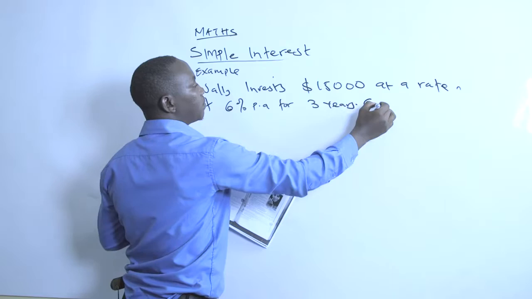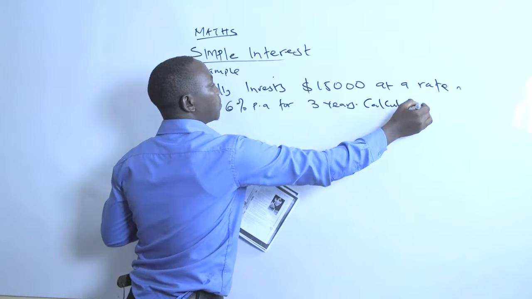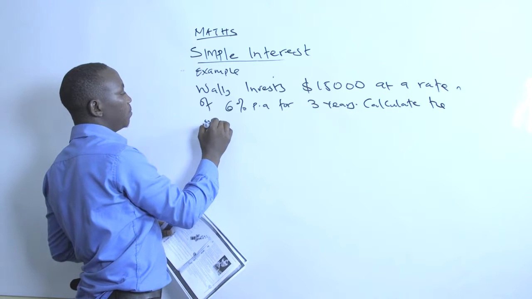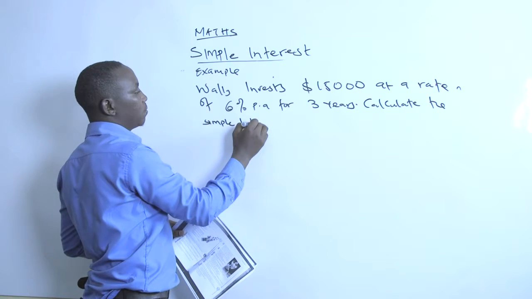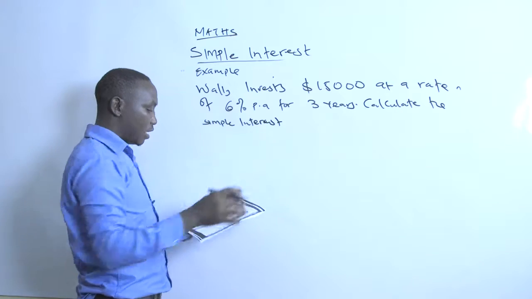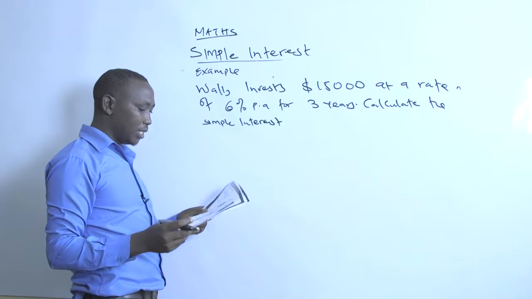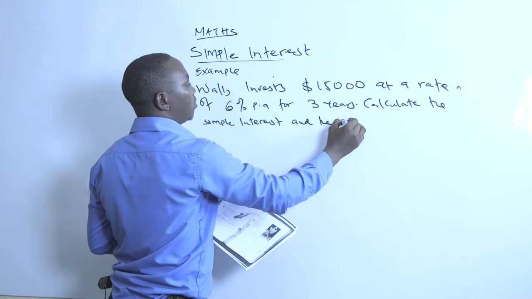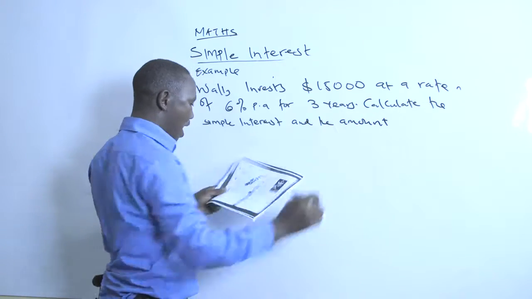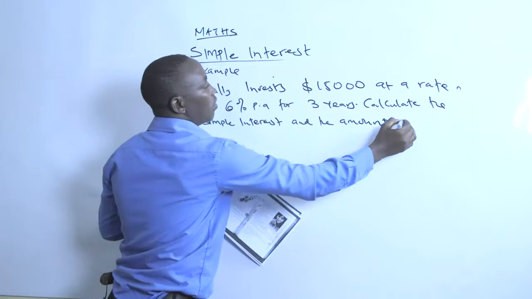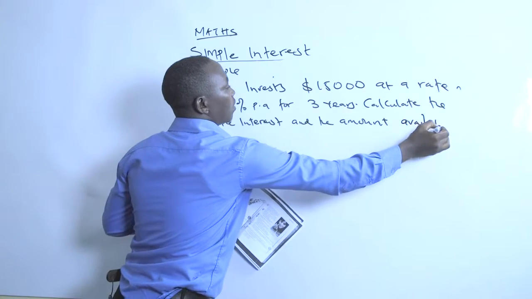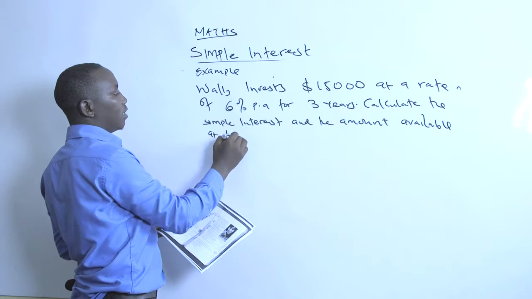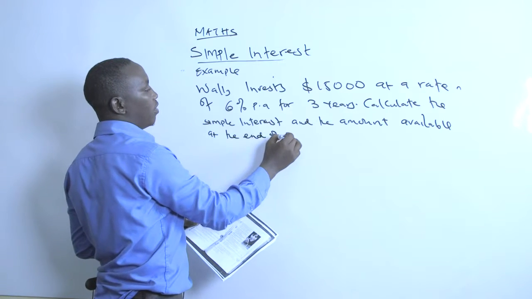Calculate the simple interest and the amount available at the end of 3 years.